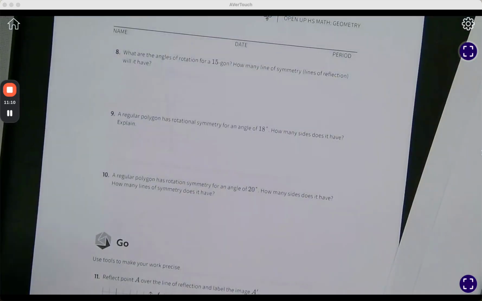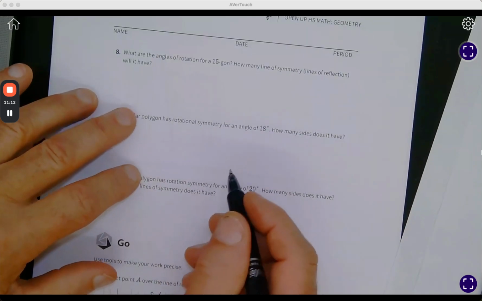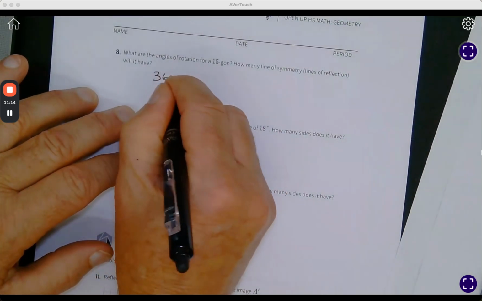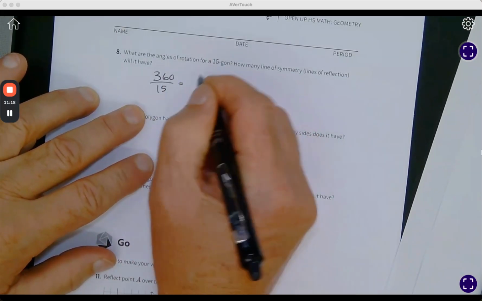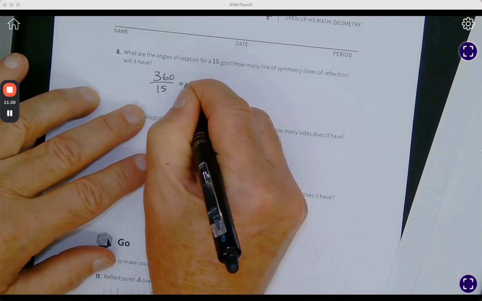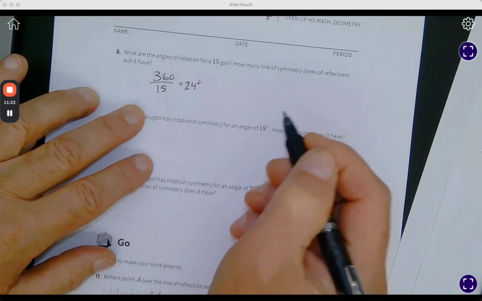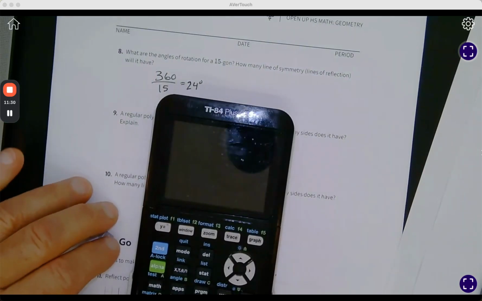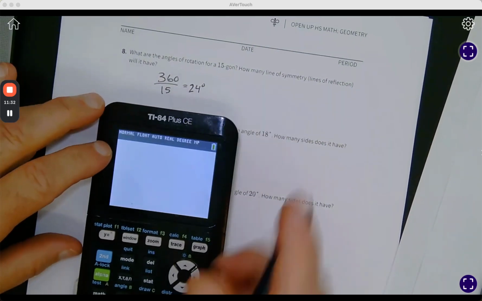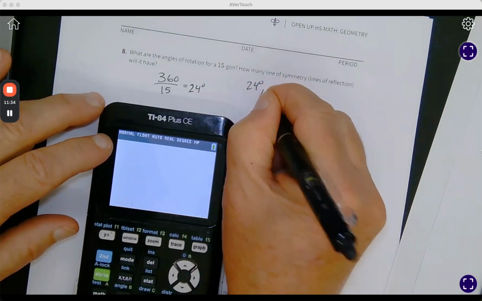Number 8, what are the angles of rotation of a 15-gon? Okay, 360 divided by 15. Well, that's going to give me 24 degrees. Okay, so here's another way to do it, and I actually like this way. Because when I did it in my head last time, I got a headache. Okay, so the first one is 24.